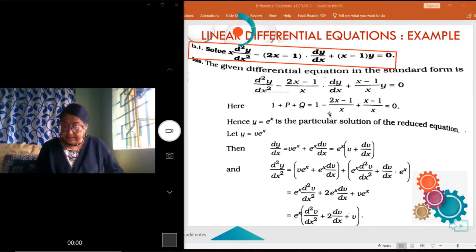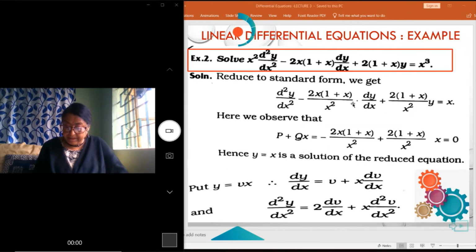Now take another example. Solve x² d2y/dx² - 2x(1 + x) dy/dx + 2(1 + x) y = x².